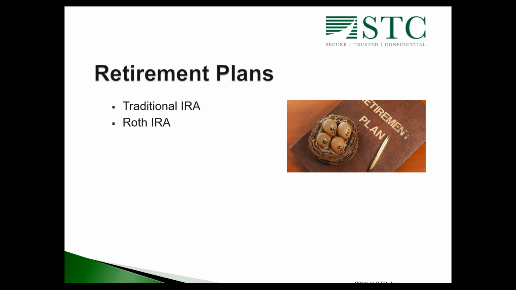Your contributions are post-tax. You do pay taxes on your contributions. So I contributed $7,000 to my Roth IRA. It did not get deducted from my income for taxes for 2022. However, when I begin taking qualified distributions from my Roth, those monies are not going to be included in my taxable income.